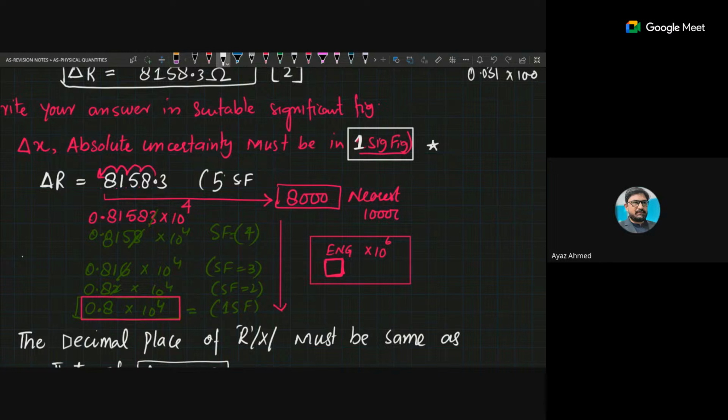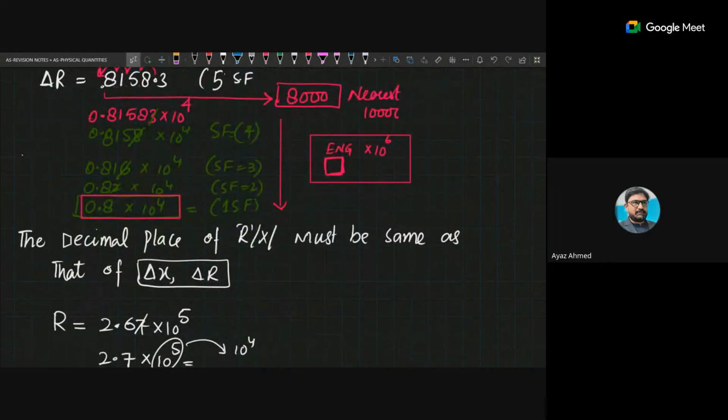If I shift the data over here, four decimals, it is nearest thousands. If I write one significant figure, it is actually equal to 0.8 into 10 to the power 4. So this is the representable answer.